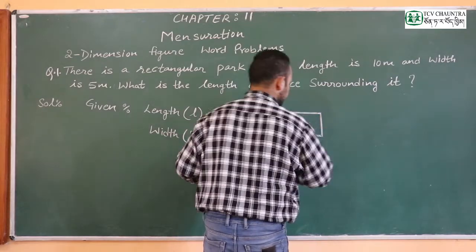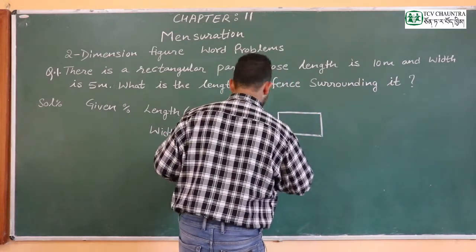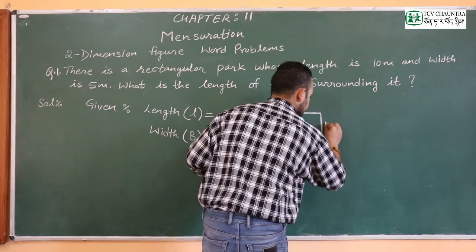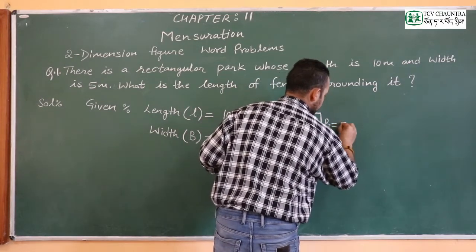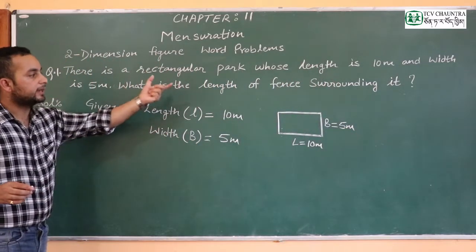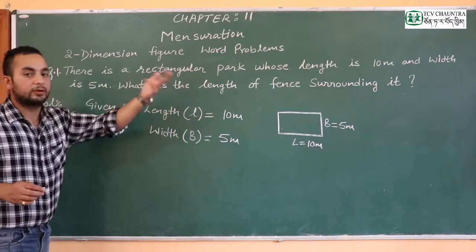This is a rectangular park, the length is 10 meters and the width is 5 meters. Your question asks: what is the length of the fence surrounding it?